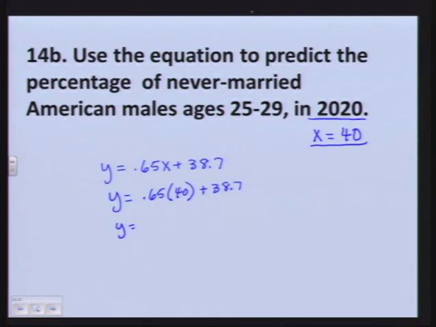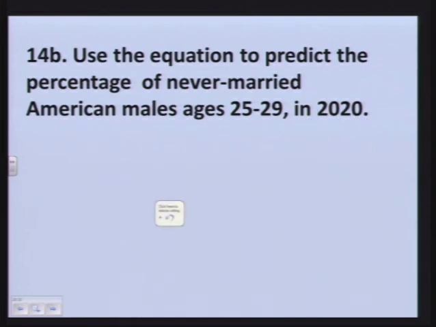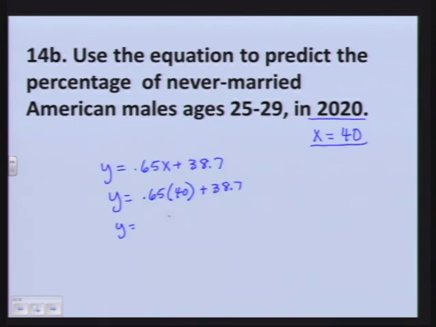So now when we do the arithmetic, we find that y equals 64.7. And that implies that 64.7% of the males in the year 2020 were never married.